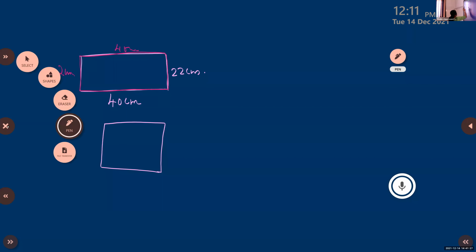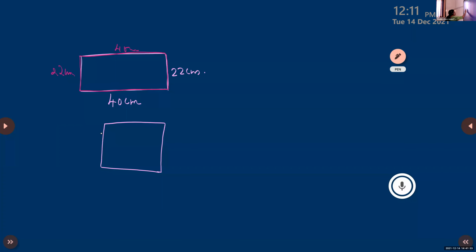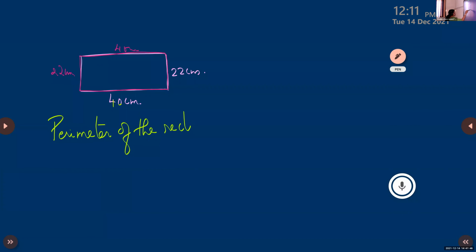So first step, total length of the wire. Write like this. First step, you write perimeter of the rectangle, that will be equal to the perimeter of the square, isn't it?